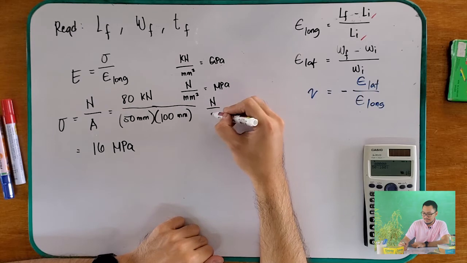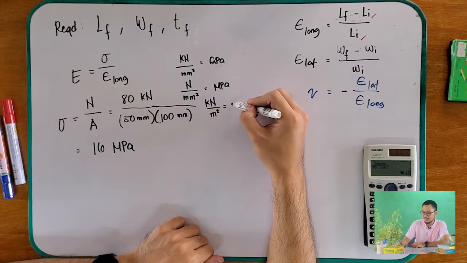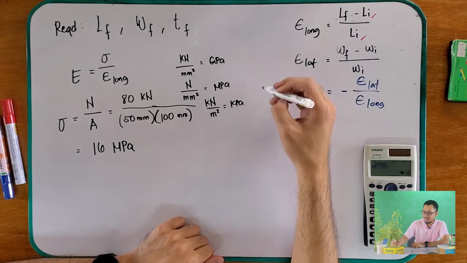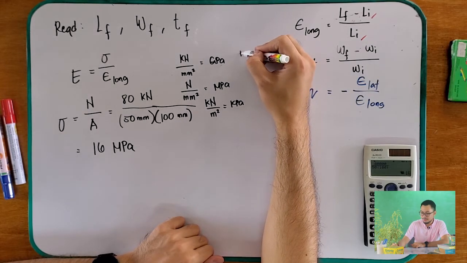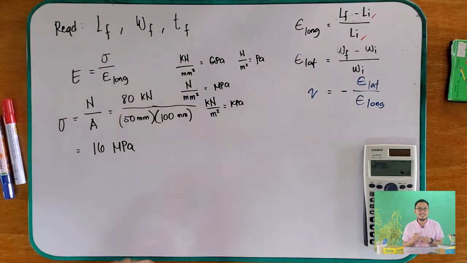Kilonewton per meter squared is kilopascal. And Newton per meter squared is Pascal. Always take note of that so that you won't get confused when you are solving this kind of problems. Okay? So now, again, you have your normal stress of 16 megapascals.